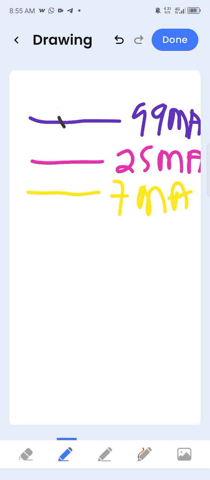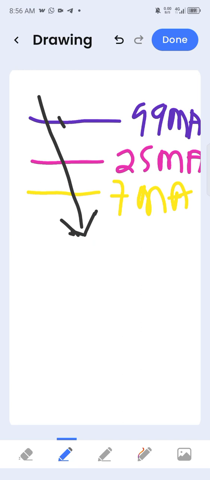So on the downtrend, these are the movements of the lines. That is what will help us to see how the trend of the market is going.